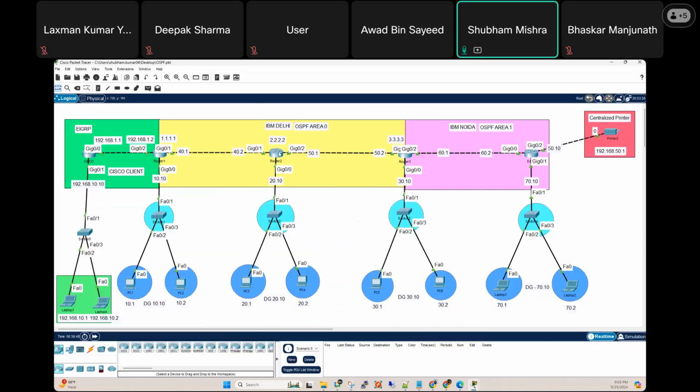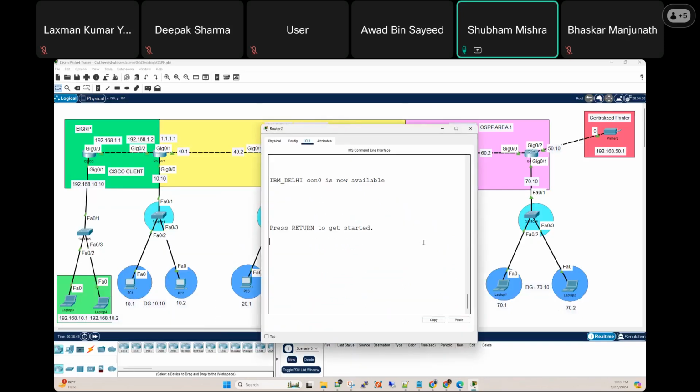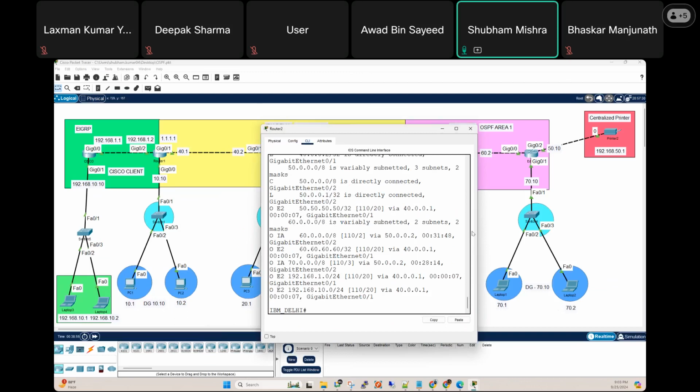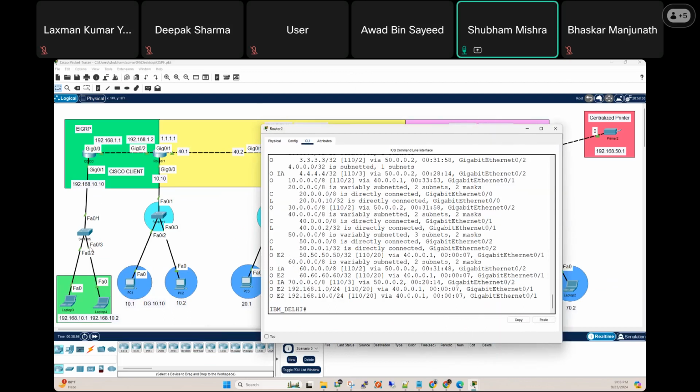Now come here on the other routers, for example, on this router. Show IP route. See, in EIGRP, 192 we are using. Are you able to see the EIGRP routes? Yes. E2 means external routes. Getting my point?